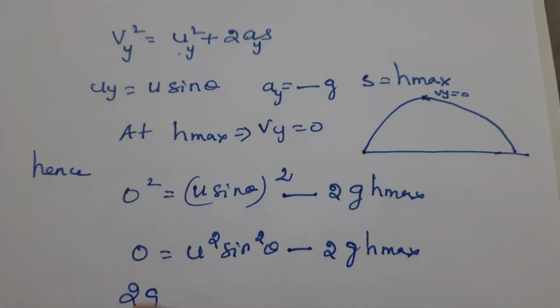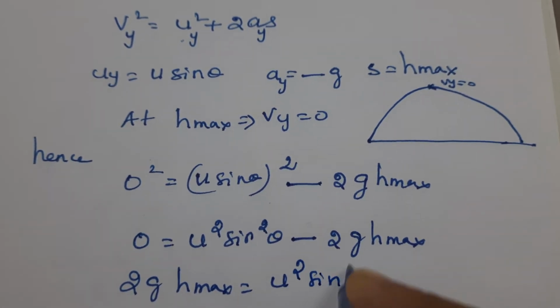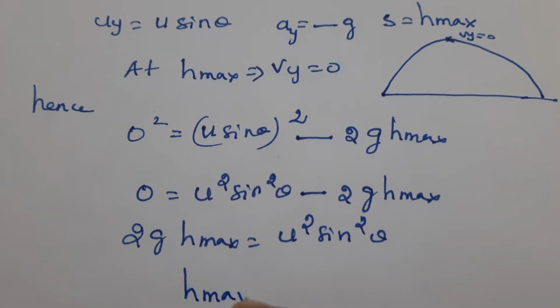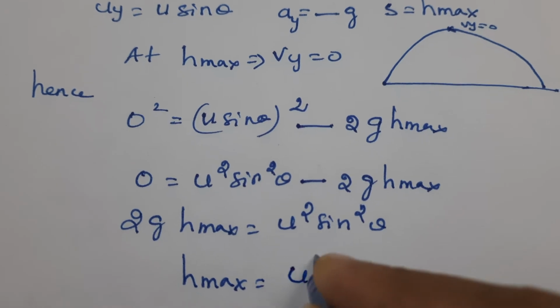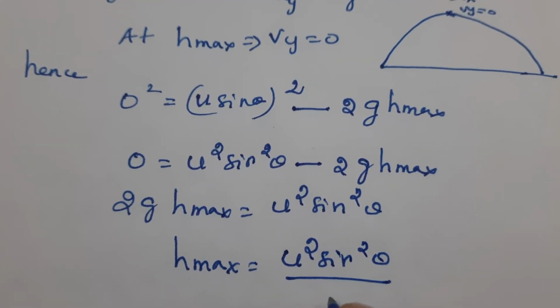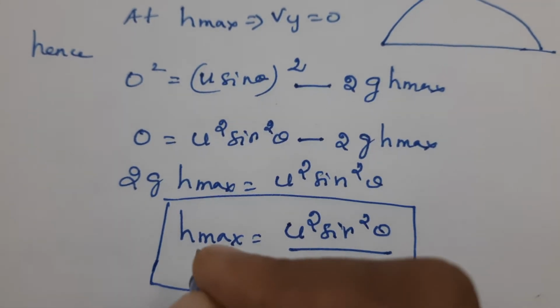That is 2g h max is equal to u square sin square theta, or h maximum is equal to u square sin square theta divided by 2g. So this is the maximum height.